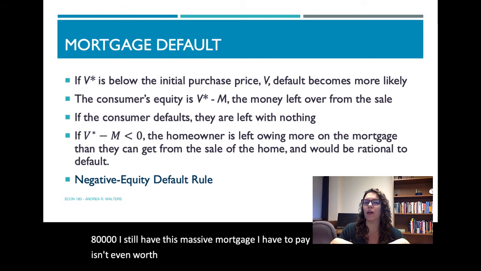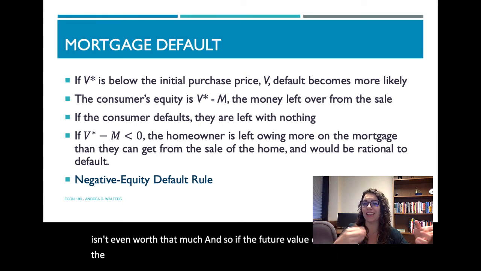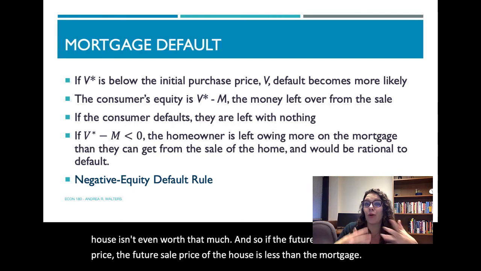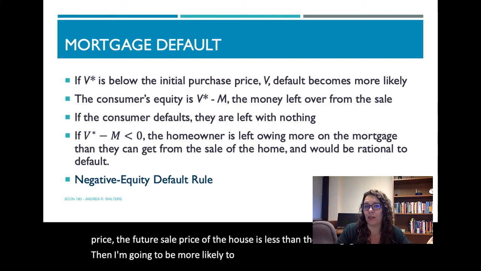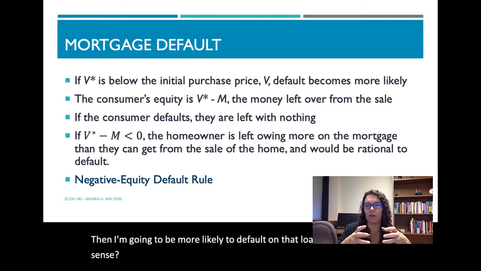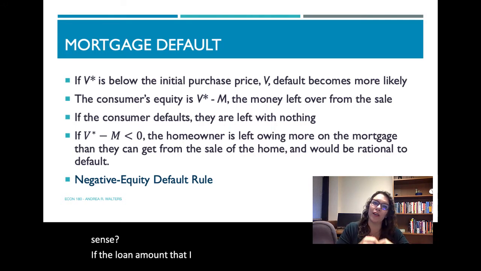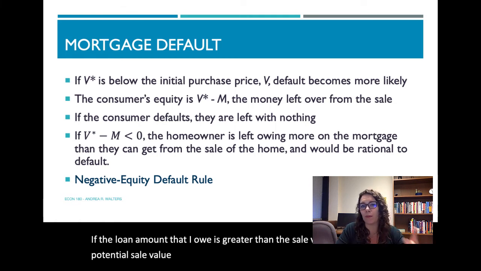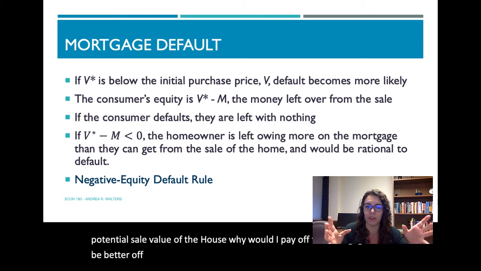If the future sale price of the house is less than the mortgage, then I'm more likely to default on that loan. Does that make sense? If the loan amount that I owe is greater than the potential sale value of the house, why would I pay off the mortgage? I'd be better off just not paying it off, defaulting, and getting out.